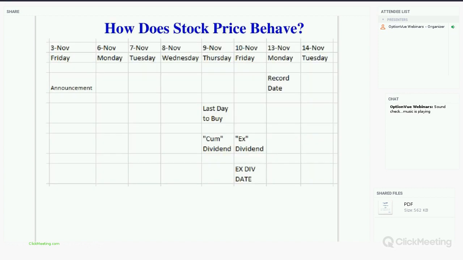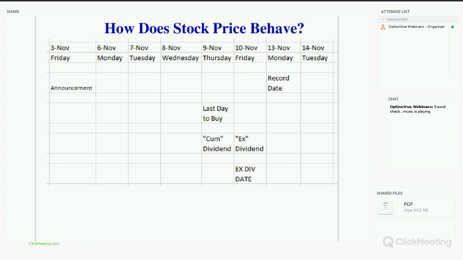So, how does a stock price typically behave amidst all this? You're tooling along, let's say it's the end of October. You come into the beginning of November, and then boom, all of a sudden, Apple issues a press release before the open on November 3rd that they're going to pay out 63 cents, and the record date will be November 13th.